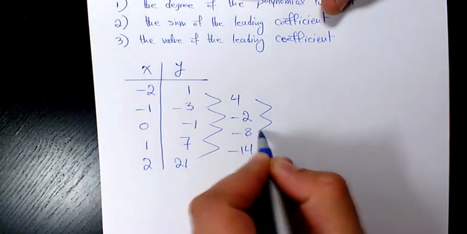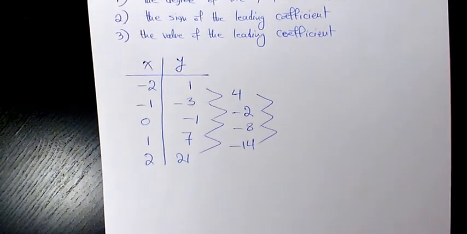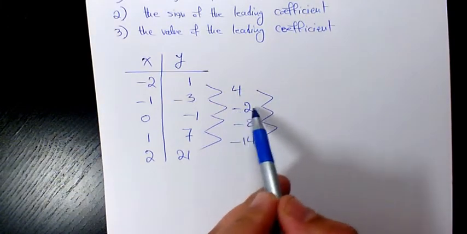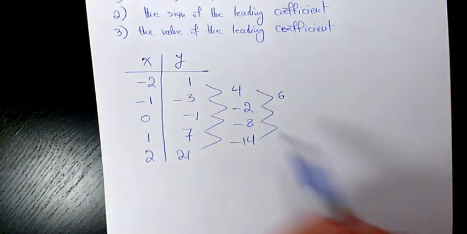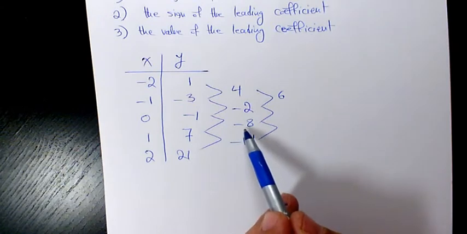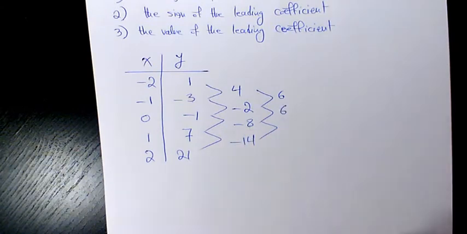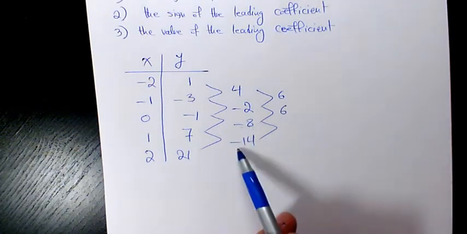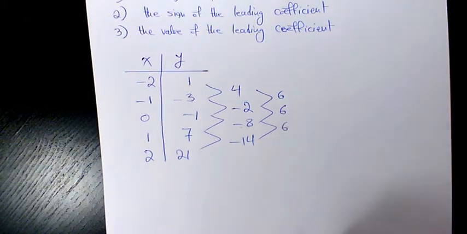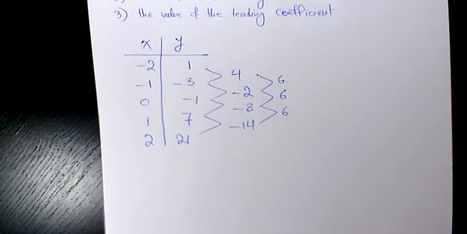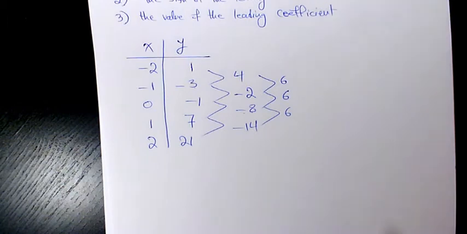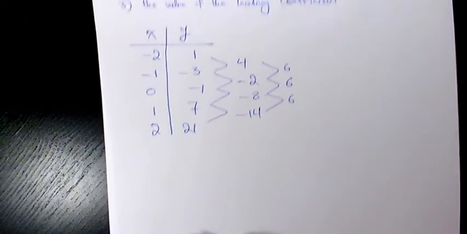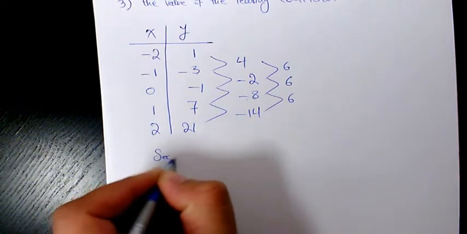So let's construct the second differences. 4 subtract negative 2 is going to be positive 6. Negative 2 subtract negative 8 is positive 6. Negative 8 subtract negative 14 is positive 6. So as you see here, the second differences are equal, and it's equal to 6.